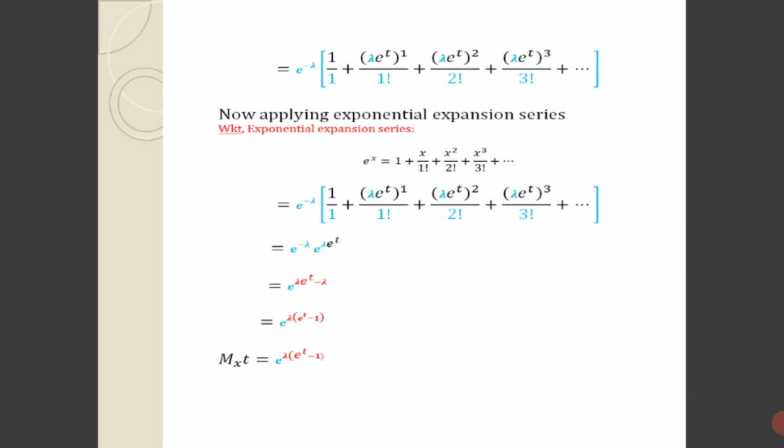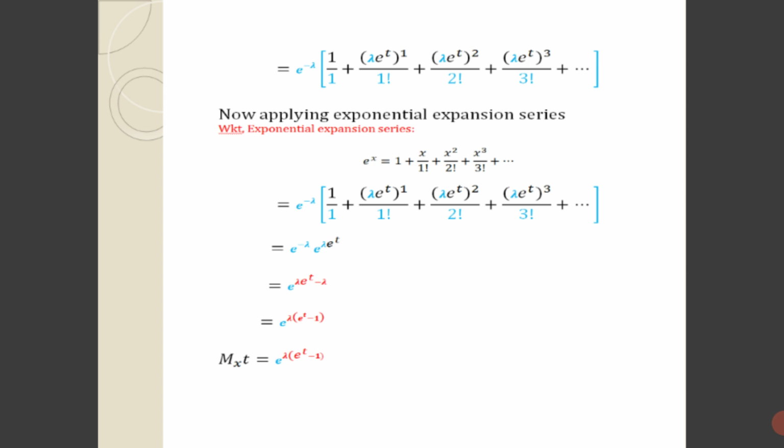Now see these equations. Here 1 by 1 factorial is equivalent to 1 in the exponential series. (lambda e^t) power 1 divided by 1 factorial is equivalent to x by 1 factorial in the exponential series. Like that, (lambda e^t) whole square divided by 2 factorial is equal to x square by 2 factorial, and (lambda e^t) whole cube divided by 3 factorial is equivalent to x cube by 3 factorial.